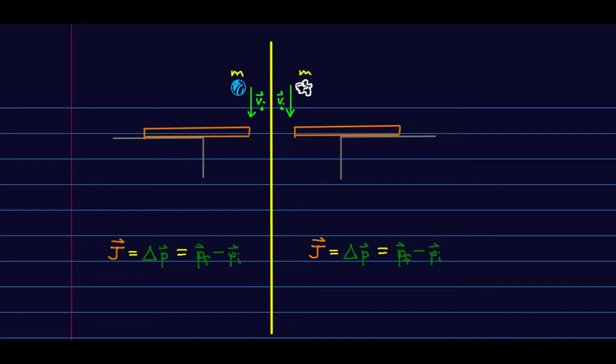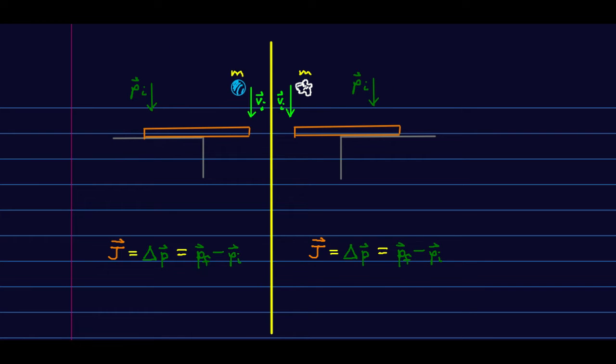Both the ball and the wad were going at the same speed before they hit, and they have the same mass. And so what that means is that we can think in terms of momentum and say that they each had a downwards initial momentum. So there's p_i. And because their masses and velocities are the same, that downward momentum, the initial momentum, is the same for both.